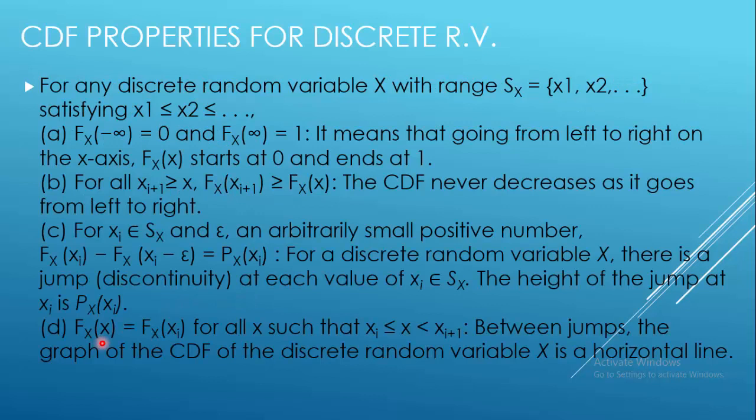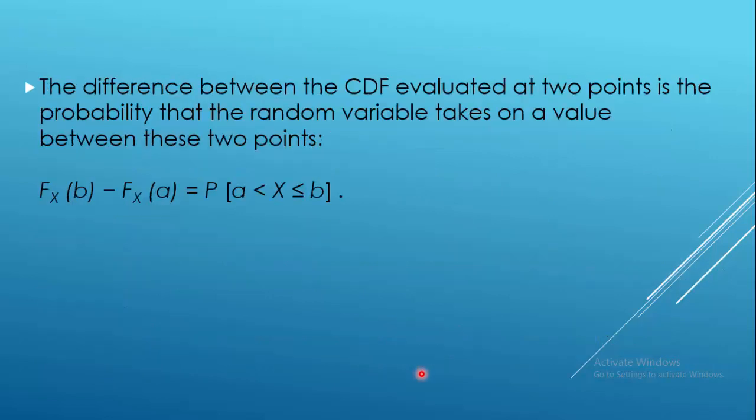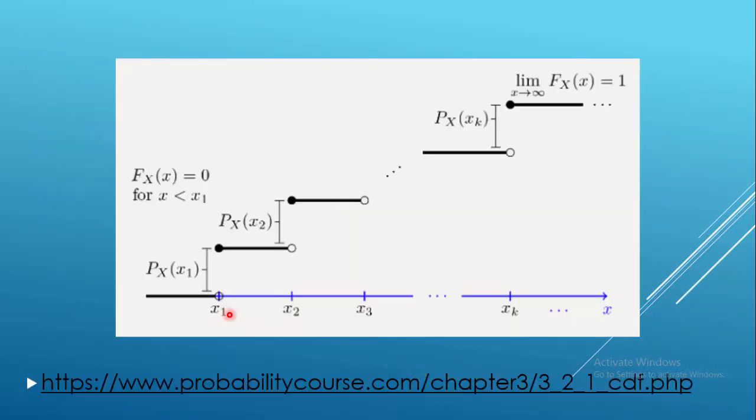And between the jumps, the graph of the CDF of the discrete random variable x is a horizontal line. This is also clear from this figure. Whatever the value is at x1, it remains the same until x2, when it jumps from this value to this value.